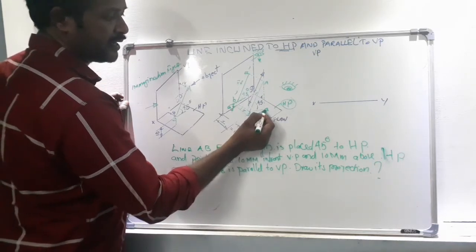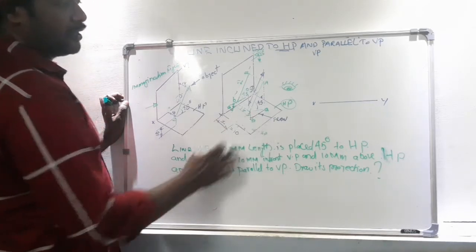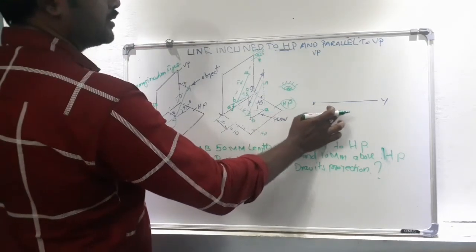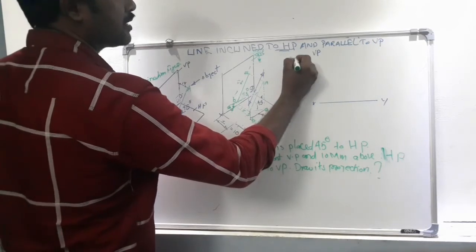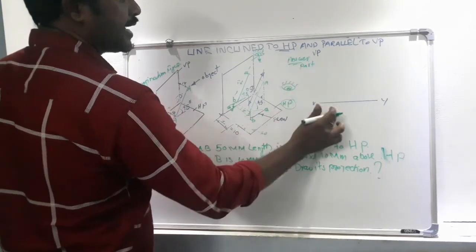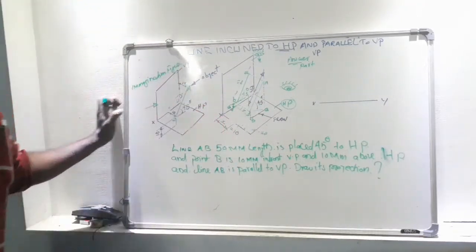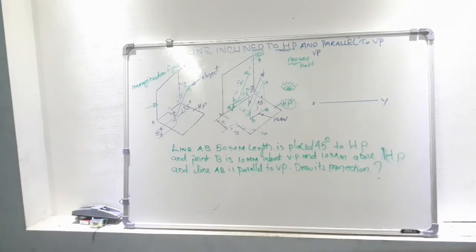Then we get its plan. This is our plan. Now, finally, this is the answer part. For the answer part, first you have to draw the XY line.